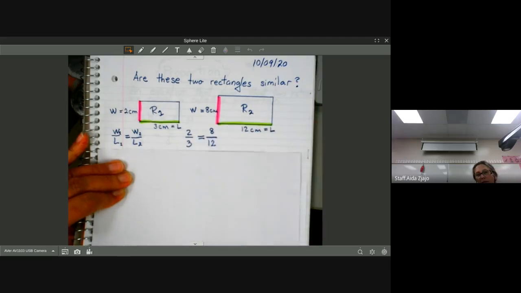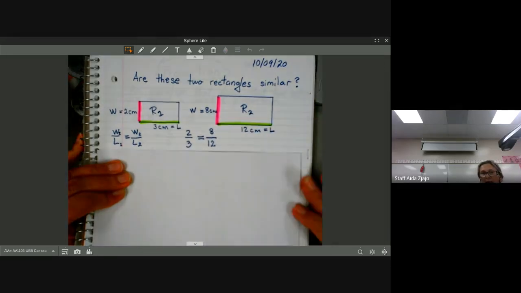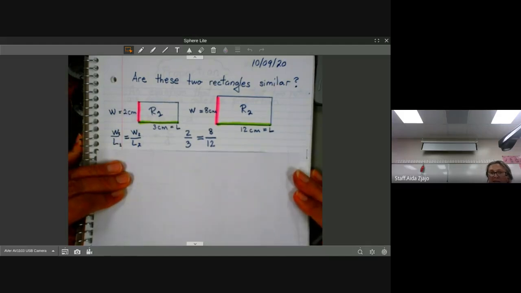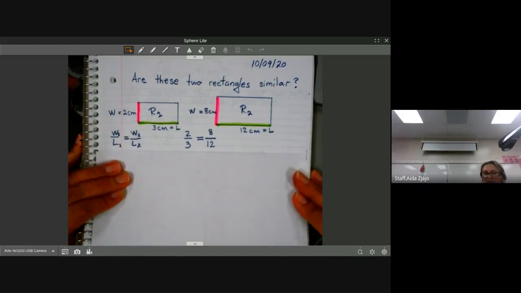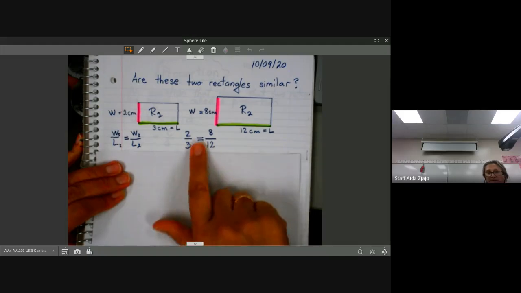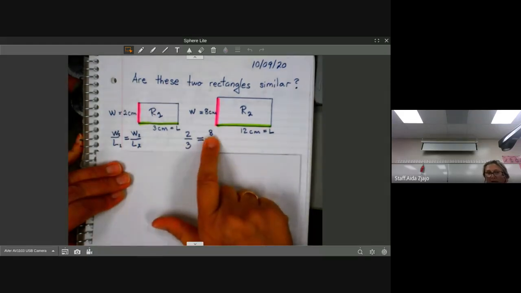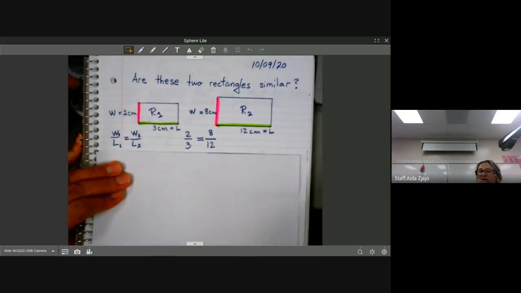Now when I look at those, I'm thinking, is there a number that I can multiply the numerator and denominator by that gives me the bigger numbers? Does somebody know what number I can multiply by? 4, bravo.